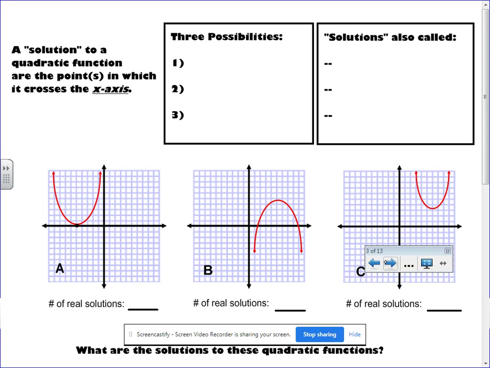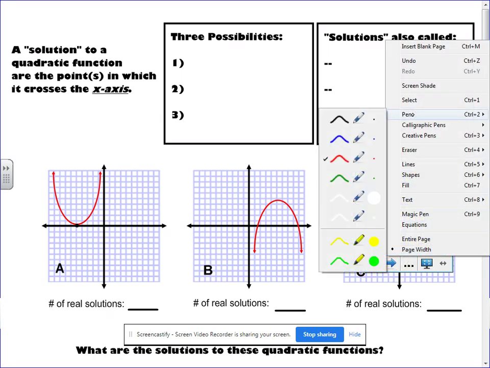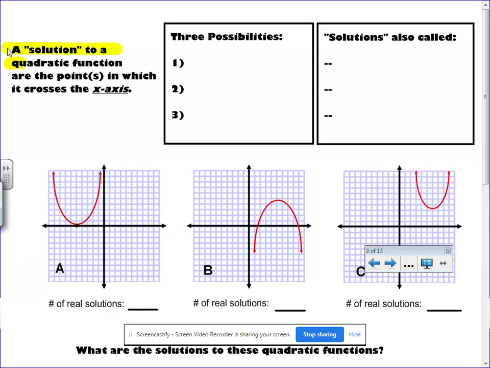So here's the deal. A solution to a quadratic function, this is incredibly important to know, are the points in which it crosses the x-axis. The x-axis. Okay.